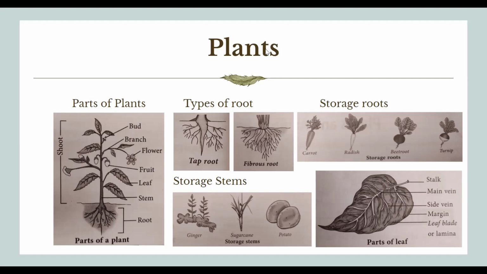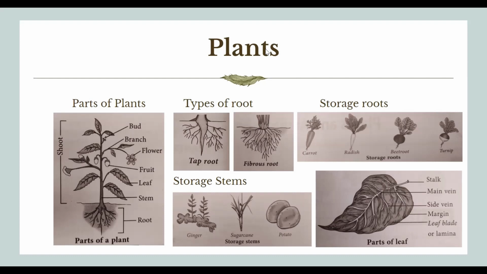We'll come across it. But before that, what is a tap root and fibrous root? Ma'am, a tap root has a main root and many fine roots. Yes. The fibrous root doesn't have a main root but has many separate roots. Very good. In tap root, we have one main thick root. You are seeing the picture, right?